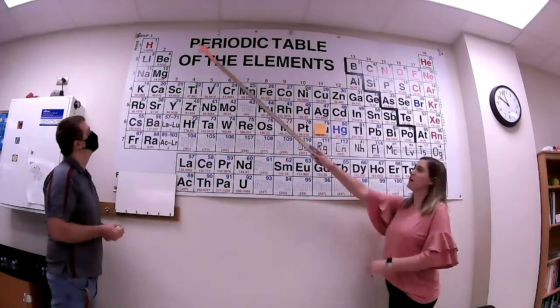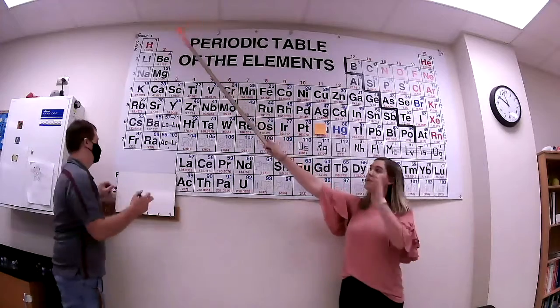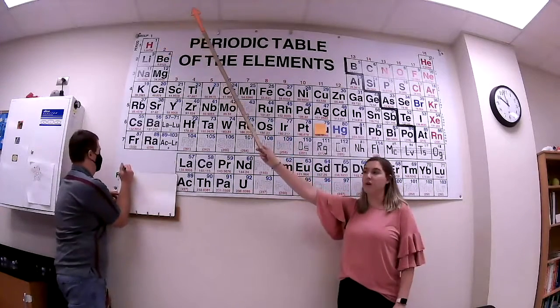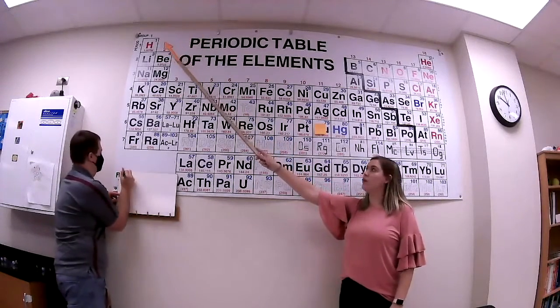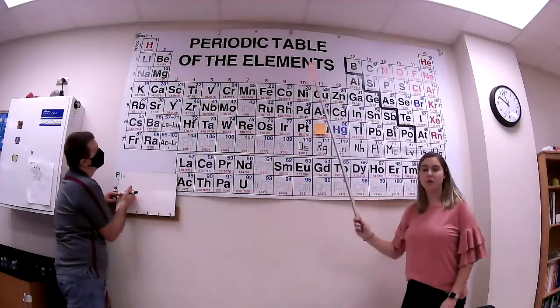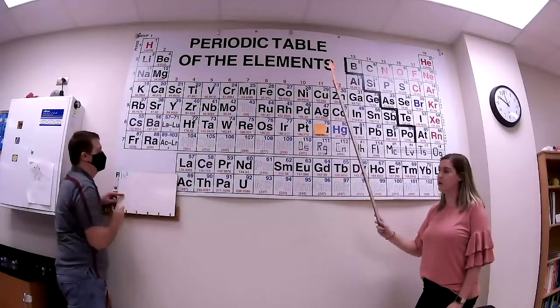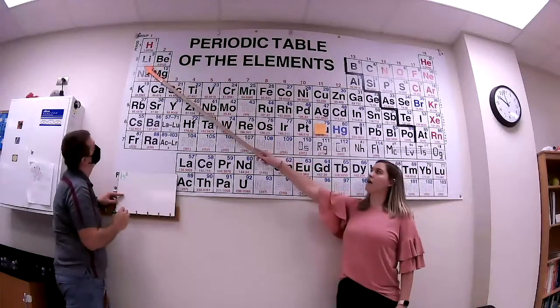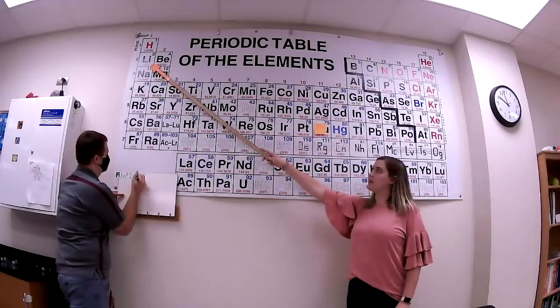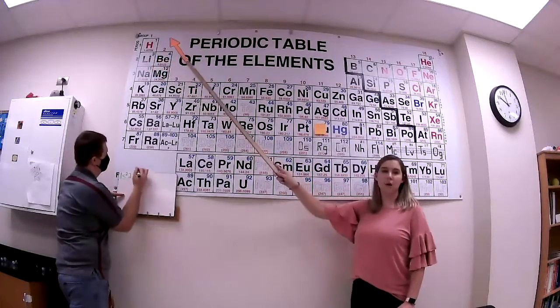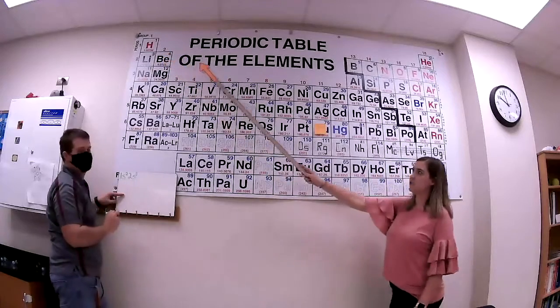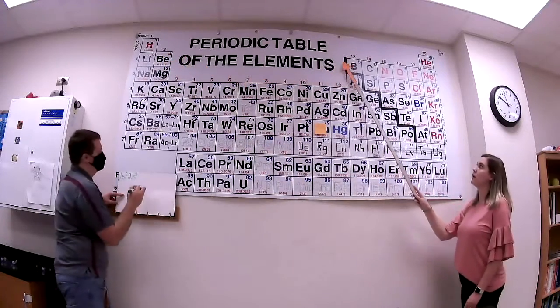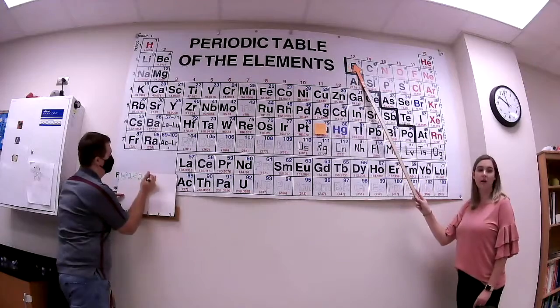So starting all the way up at the beginning with hydrogen, we are in the 1st energy level, S sublevel. And we cross 1, 2 boxes, so 1s2. Moving right along, 2nd energy level, S sublevel, and cross 2 boxes. Keep moving left to right along that row. We are on the 2nd energy level still.